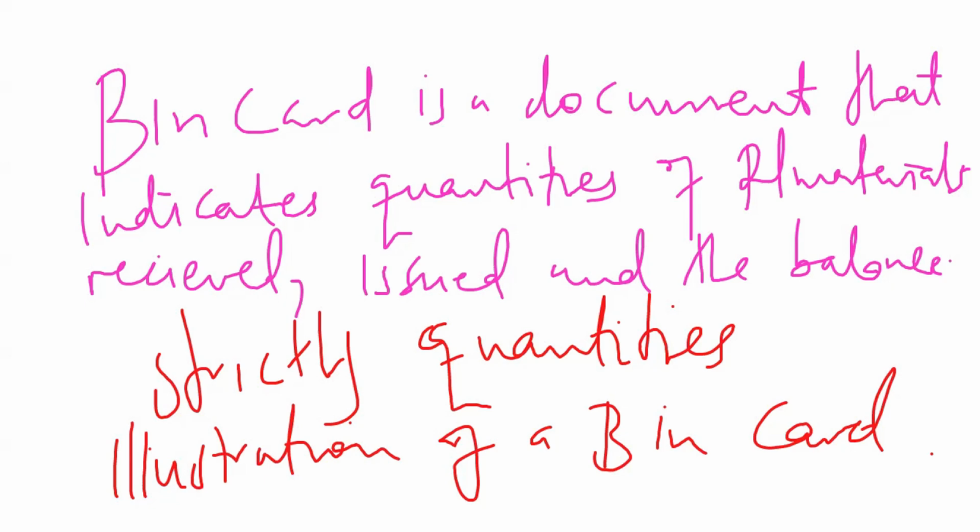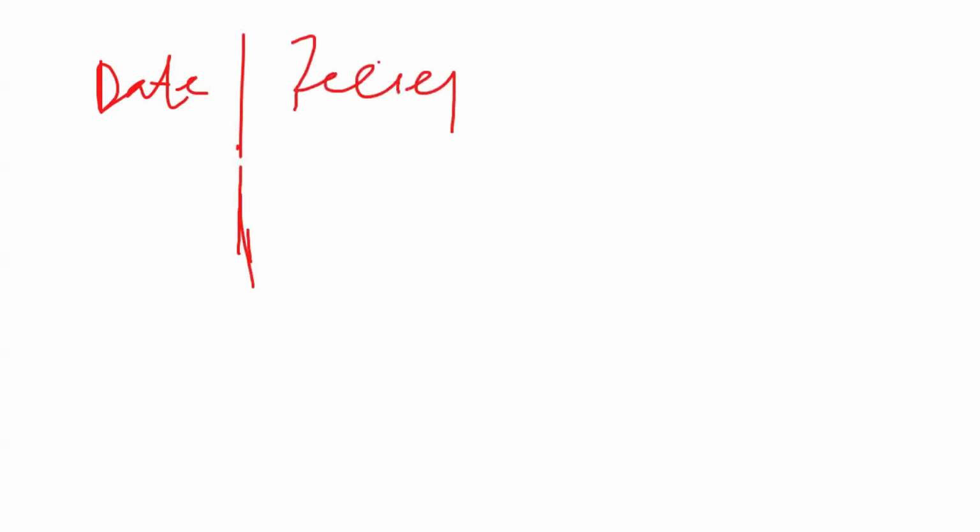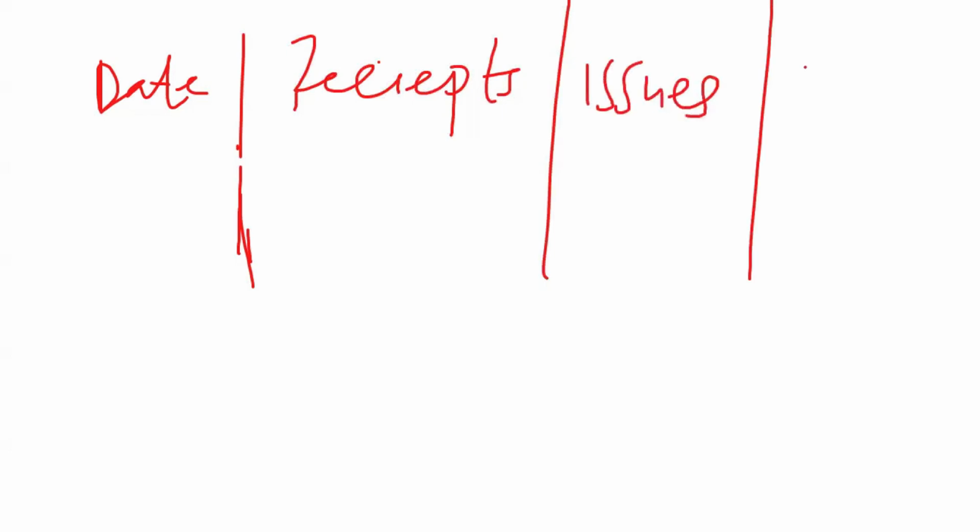So we can just have a small illustration to have that in place. We put the key things. We have the date, then we can put the receipts, we have the issues, and then we can have the balances.